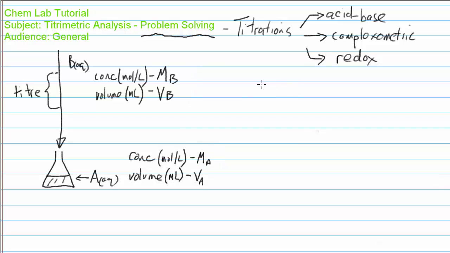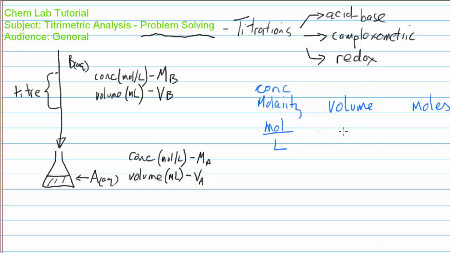Now, before we go any further, we should be very clear on how we can convert between concentration or molarity, as we use in most titrations, how we can convert between molarity, units of volume, and moles. We need to be clear on how we can convert between those three. Now, the units of molarity are moles per litre.